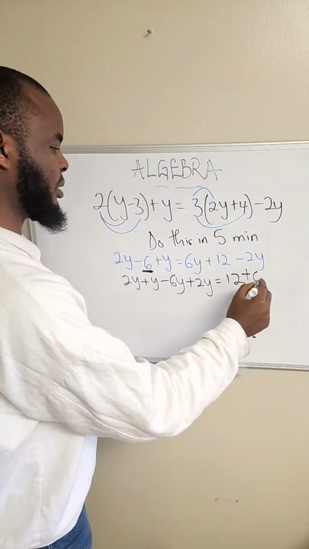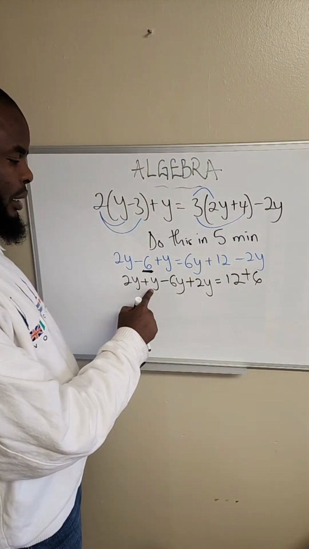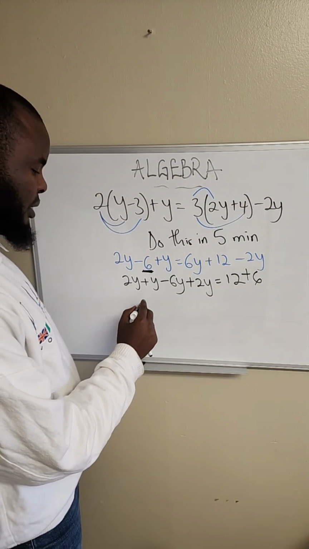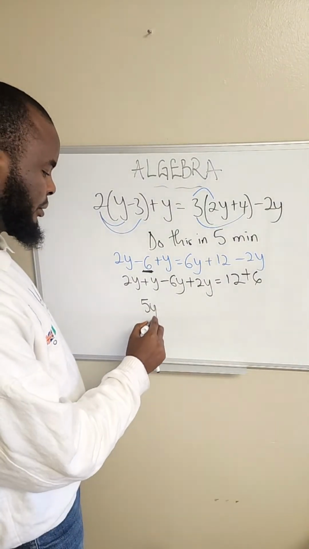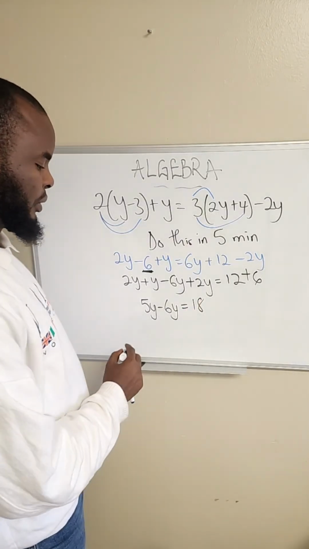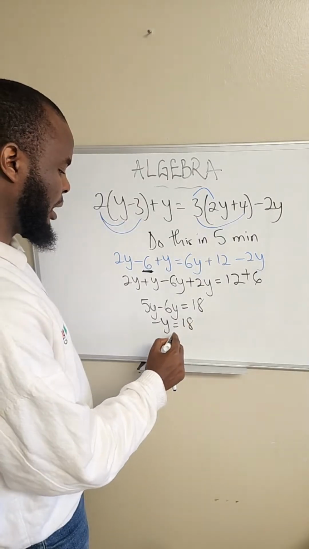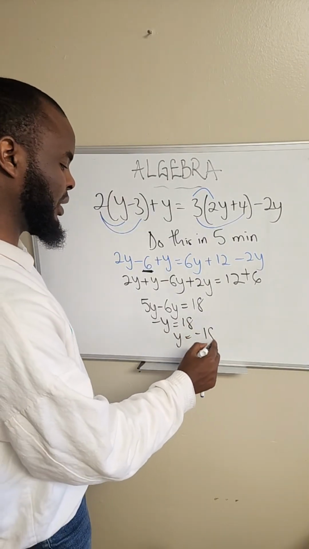It's going to be plus 6. 2y plus y gives 3y, plus 2y is 5y, minus 6y equals 18. So here we have negative y equals 18, and y is negative 18.